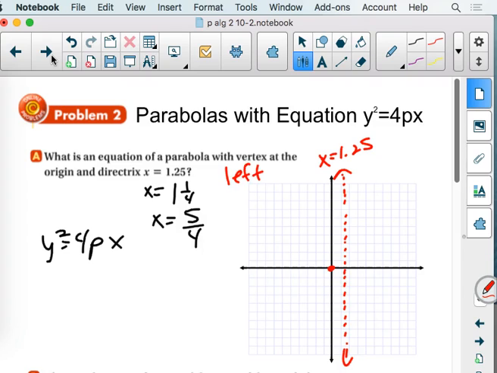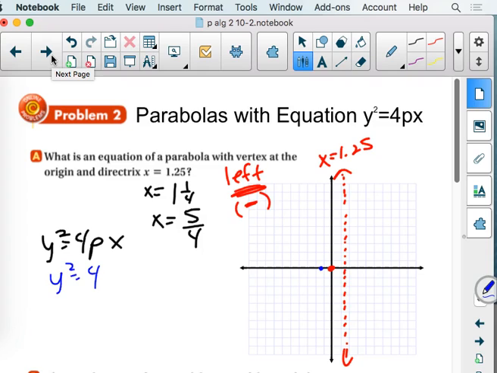So basically that drawing is to get us to figure out, hey, this is going to require the use of a negative because we need this to be left. But we've got x equals 5/4 sitting right there for the directrix. We know that the focus is equal but opposite on the other side. So the focus is going to be back here at negative 1.25, which is negative 5/4.